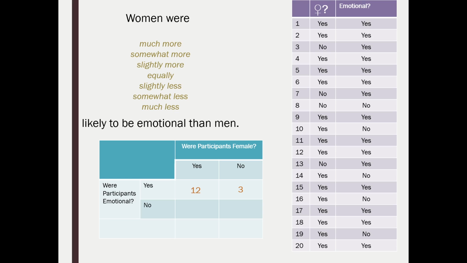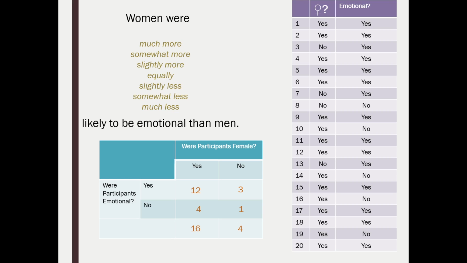So we had 3 studies where the participants were not female, but they were emotional. Then I'm going to look for all the yeses and nos. So yes, they were female, but no, they were not emotional. And then I'm going to look for all of the no-nos, which is no, they were not female, and no, they were not emotional.